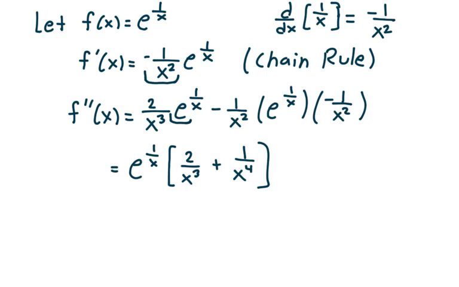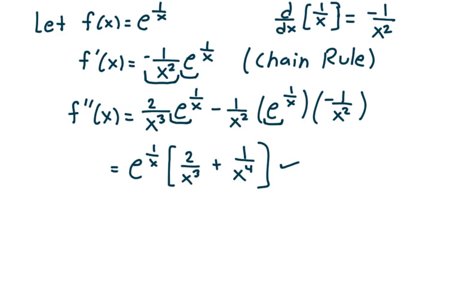Then minus 1 over x squared times the derivative of e to the 1 over x, and the derivative of e to the 1 over x is e to the 1 over x times negative 1 over x squared. Now notice how I have an e to the 1 over x common to both terms. I'm going to factor that out, and so I have e to the 1 over x times the quantity 2 over x cubed plus 1 over x to the fourth.